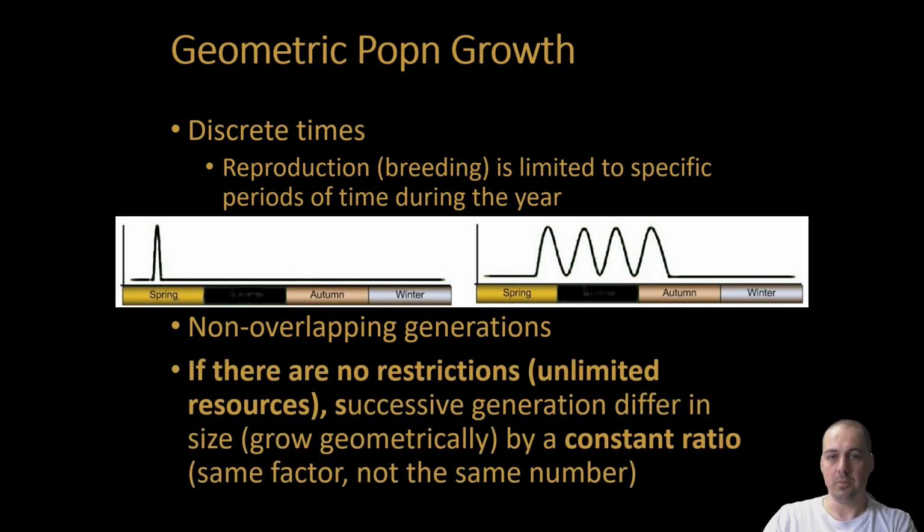The geometric population growth model states that if there are no restrictions, so unlimited resources, successive generations will differ in size, so they will grow geometrically by a constant ratio. This is the same factor, which is different from the same number. I'm going to show you that now.